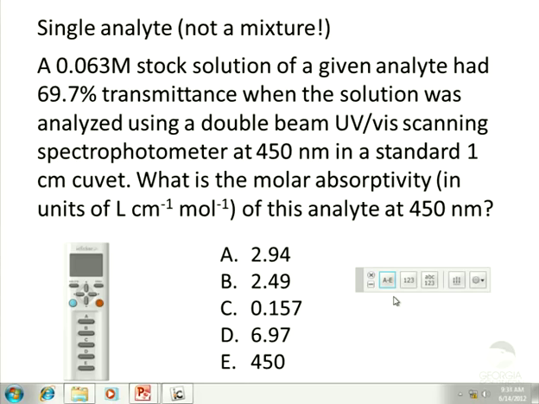Sorry, Fatima, can I ask what are the numbers that you've put down so far? What was the 69.7? Okay, 69.7 I think was a percent. So they turn that into just the non-percent ratio, and you took the negative log of that. Okay, so that's your absorbance now.